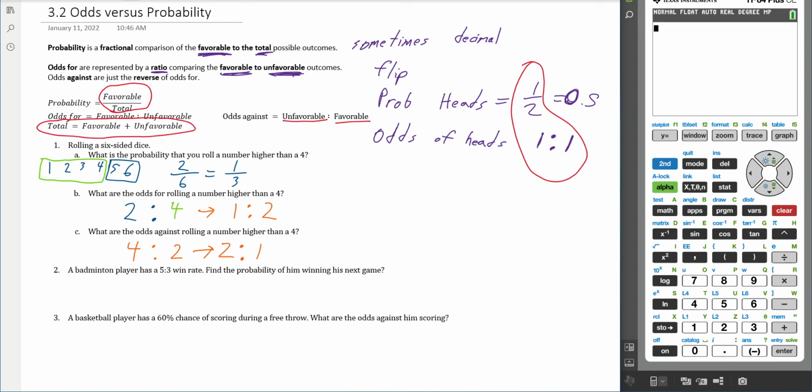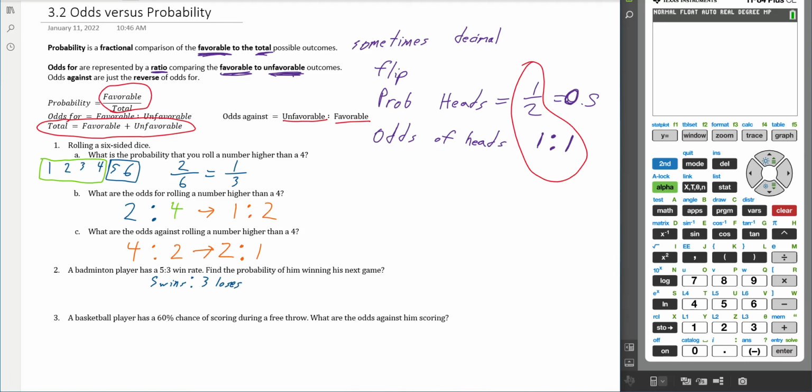A badminton player has a 5 to 3 win rate. What is the probability of him winning his next game? A 5 to 3 win rate means he has 5 wins for every 3 losses.